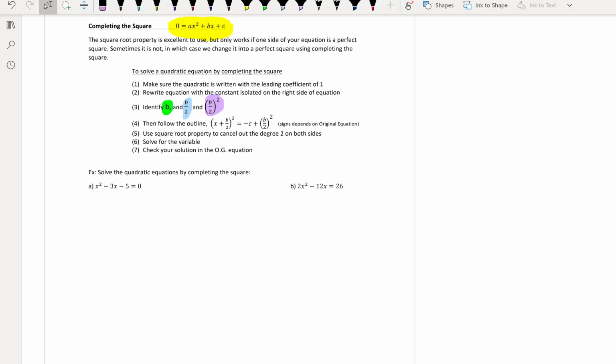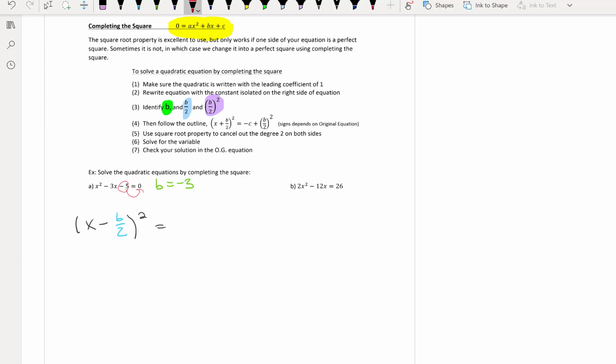I'm looking at x squared minus 3x minus 5 is equal to 0. What I want to do is identify my b value. Here, my b value is going to be negative 3. So I'm going to rewrite this as x minus my b divided by 2 value, squared, equal to, and don't forget that you moved this negative 5 to the opposite side.